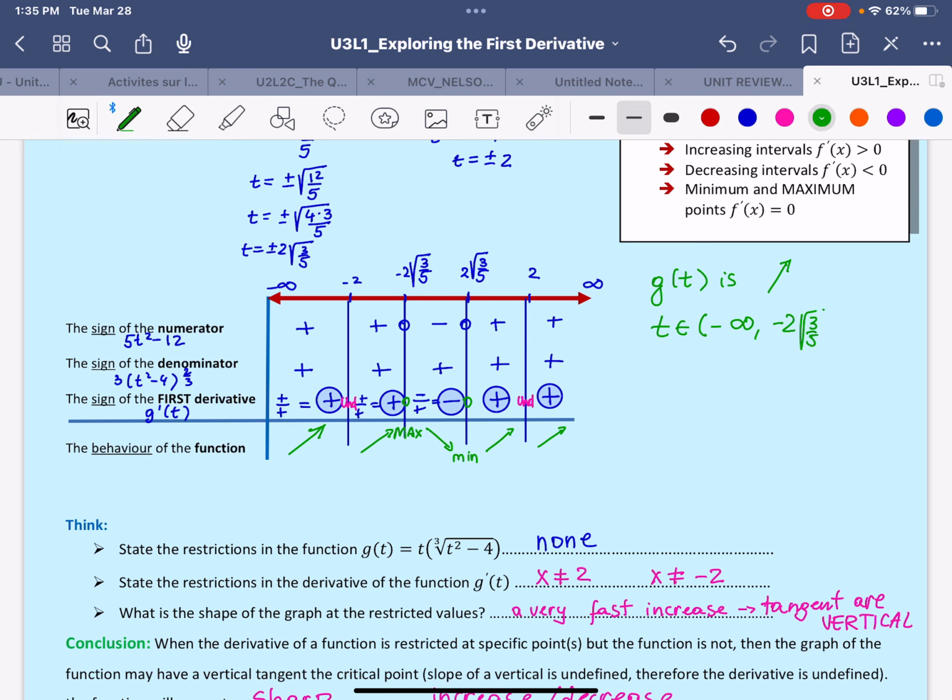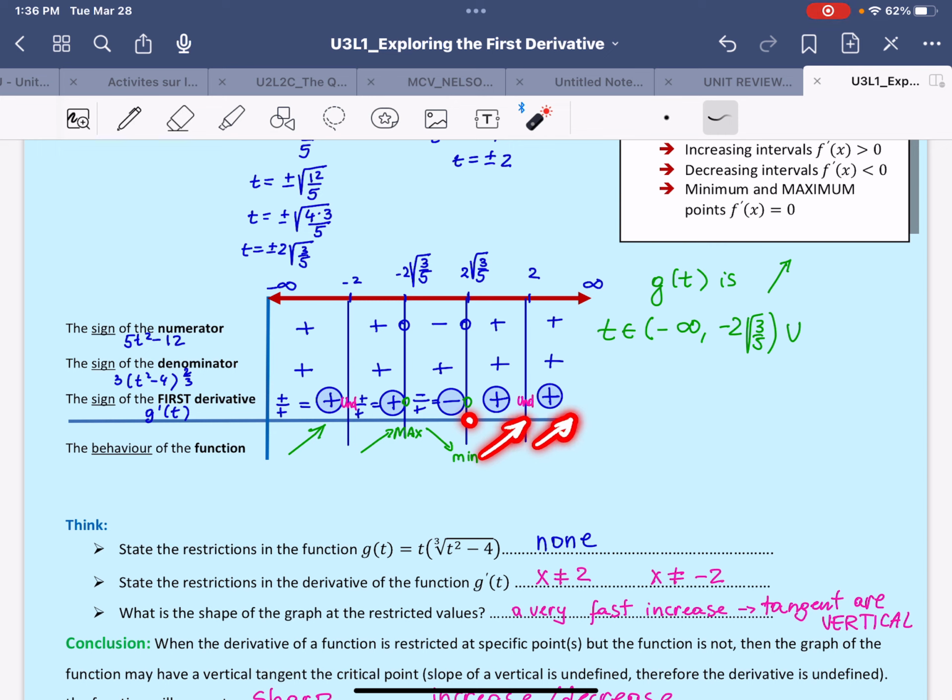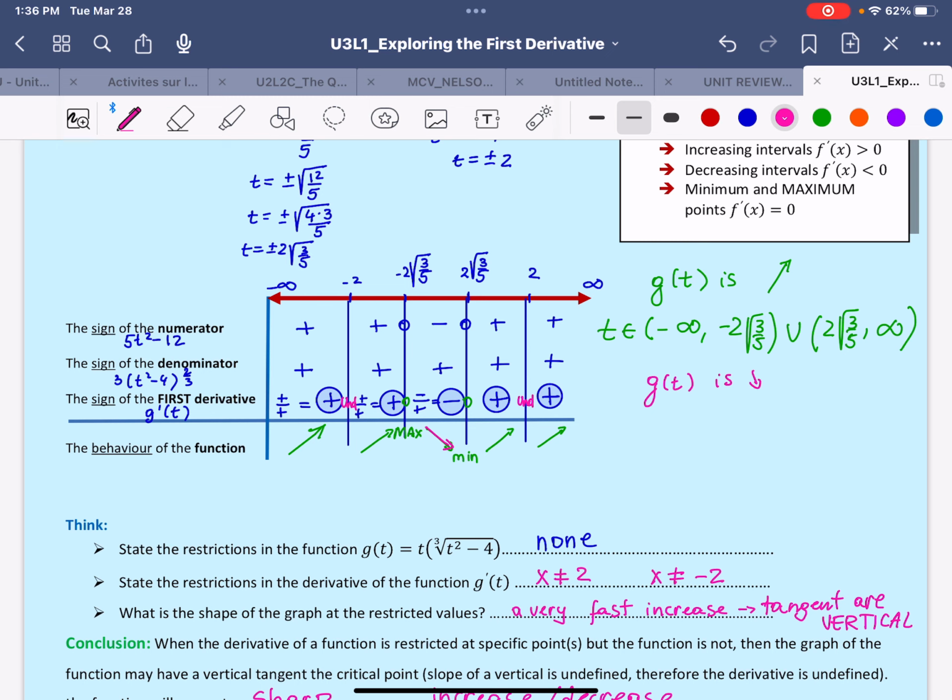And then joined by the interval from the minimum up to infinity, that it goes up here forever, which would be at 2 root 3 over 5, comma, infinity. And the function g(t) is decreasing, we're going to say, in the interval, t values, between negative 2 root 3 over 5 and positive 2 root 3 over 5.